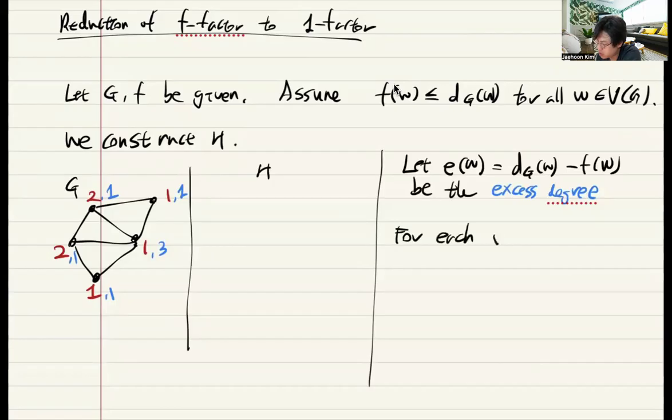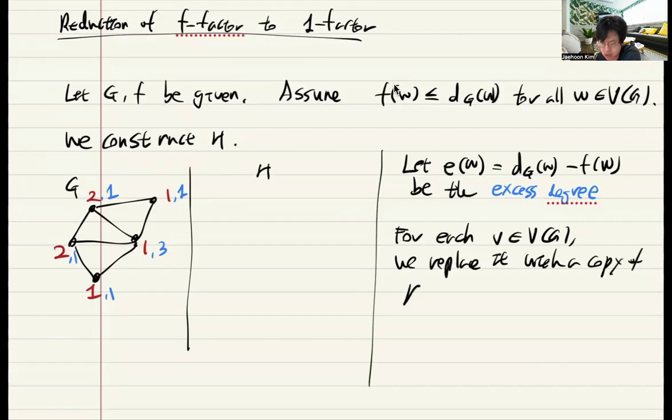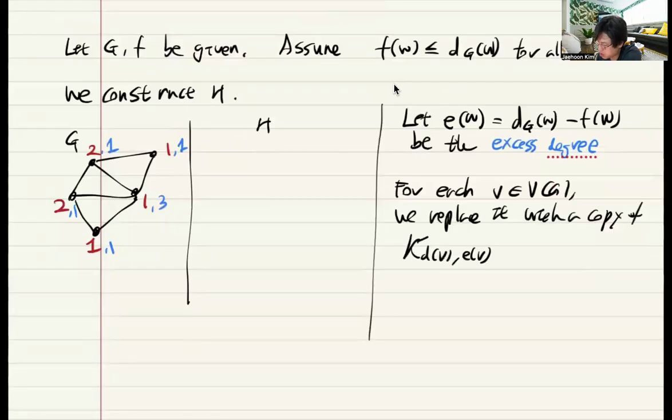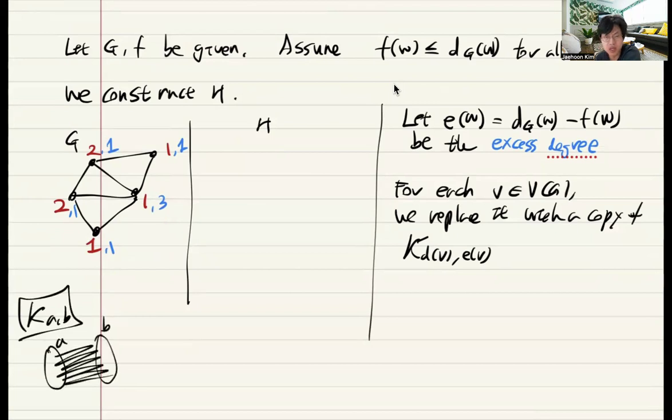And then what we do is the following. For each vertex v in G, we replace it with a copy of a complete bipartite graph. I don't remember whether we defined K_{a,b}, which is the complete bipartite graph with a vertices and b vertices with all edges between.